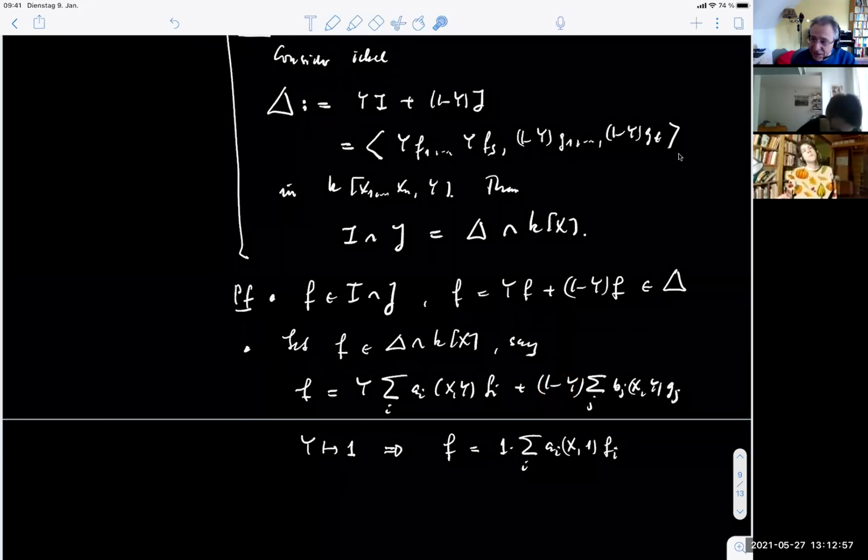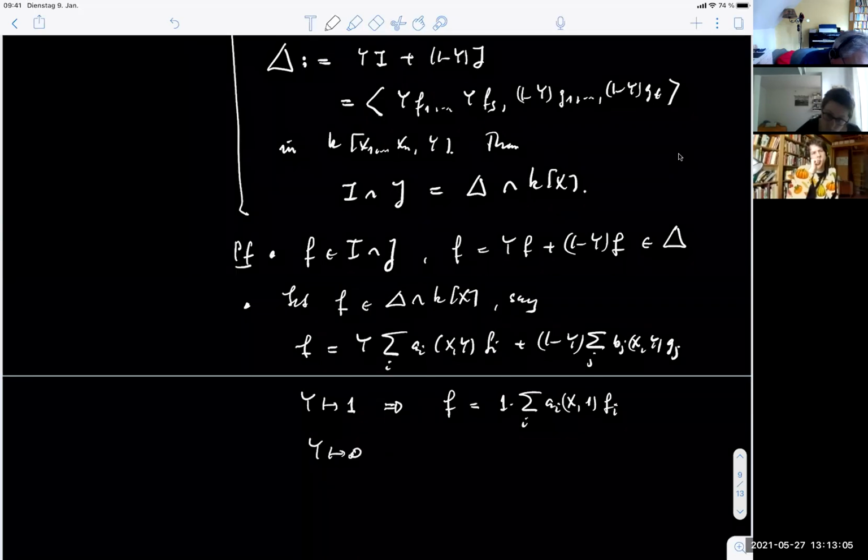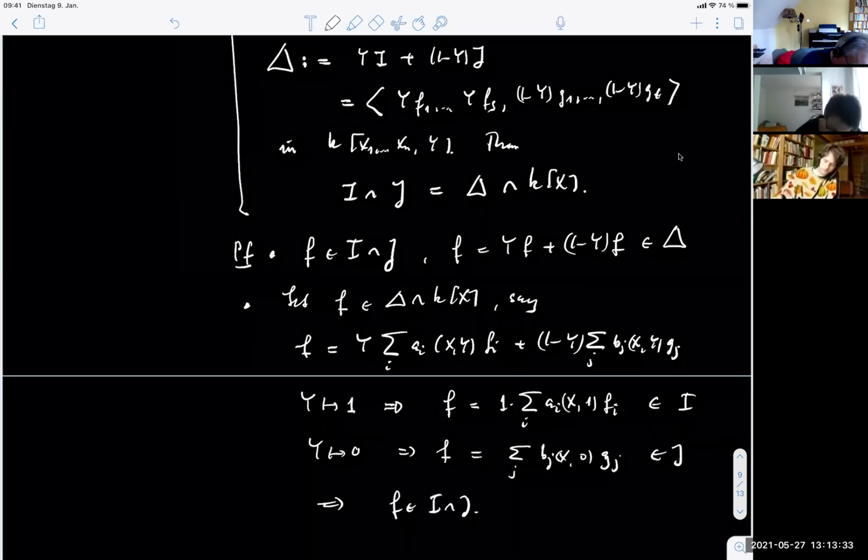Analogously, if I substitute y by 0, the first part is 0, it's the same trick. Then I get the sum over the j's: b_j(x,0) times g_j. So I see this is in I and this is in J. So I've proved f is in I intersected with J, and I'm done.